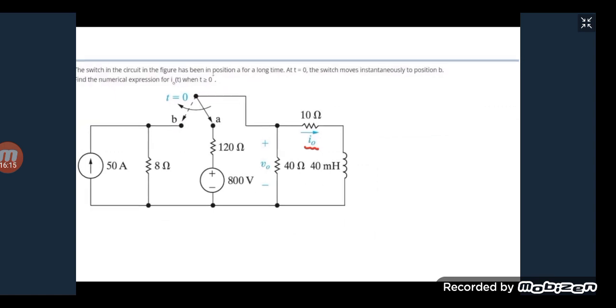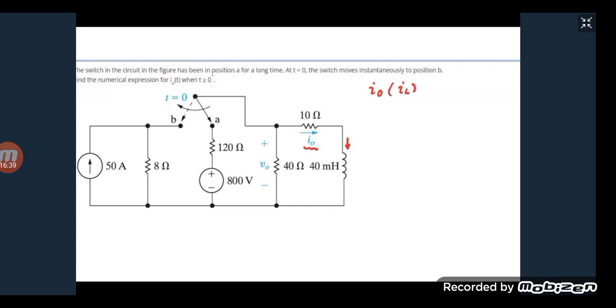And then of course we can follow the quick method, because here IO is passed through the inductor, so it's also IL.